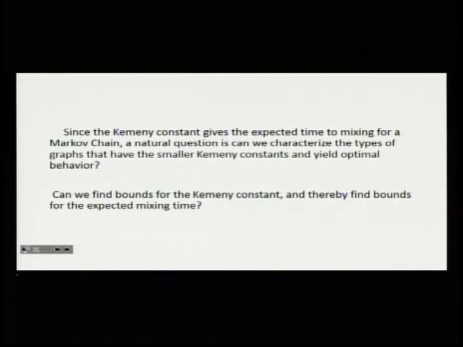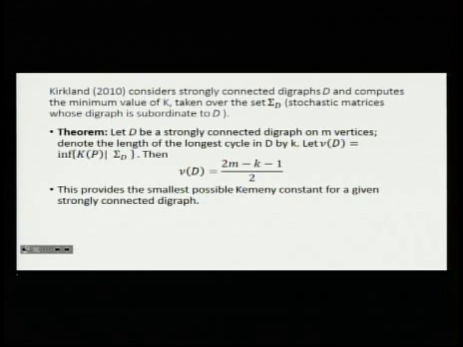All right. Since the Kemeny constant gives the expected time for mixing, a natural question we can ask is, can we characterize the graphs that yield the smaller Kemeny constant? Because if you have a smaller Kemeny constant, you in a sense have optimal behavior in your chain. And also, can we find bounds for it? Another researcher, Kirkland, was considering strongly connected digraphs, and he wanted to see what graphs will yield the smallest Kemeny constant value.